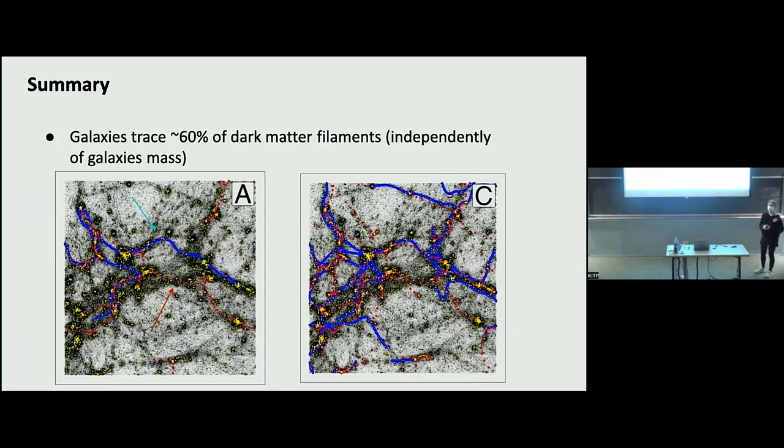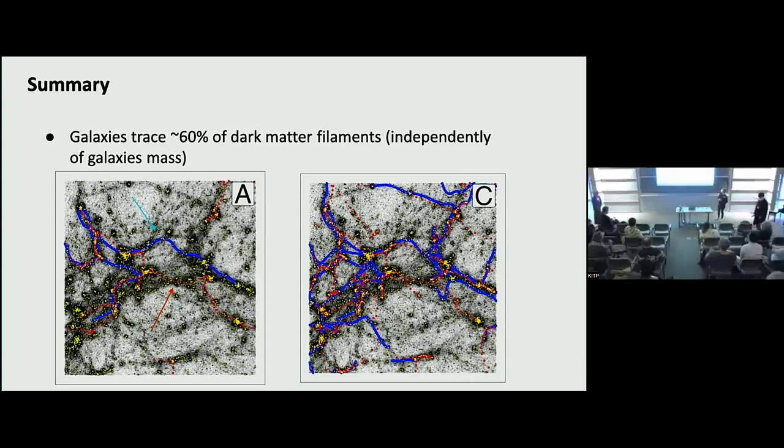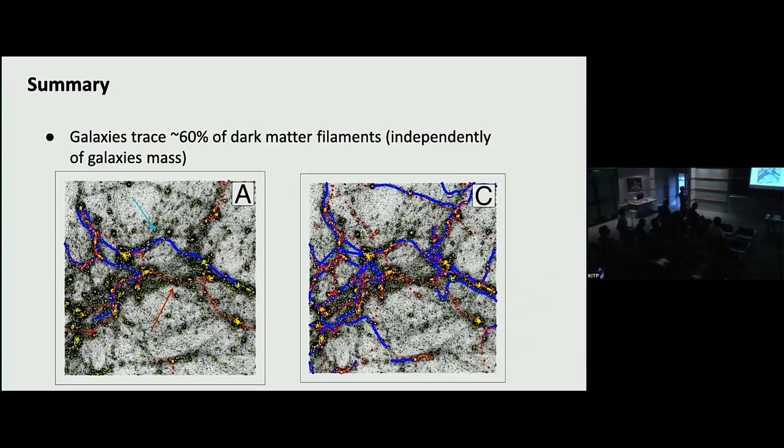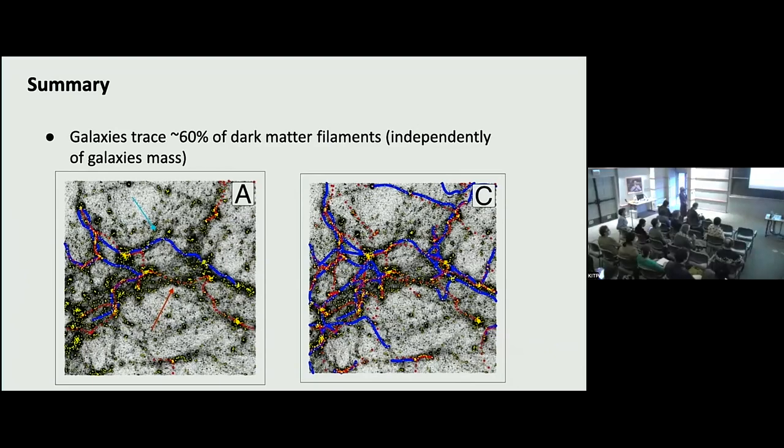Just a clarification: the 60%, does that refer to the galaxies in filaments that are traced by galaxies, or does that refer to the filaments? Dark matter filaments. No, but I mean, is this a comment on the number of galaxies, or on the number of filaments that are traced by galaxies?